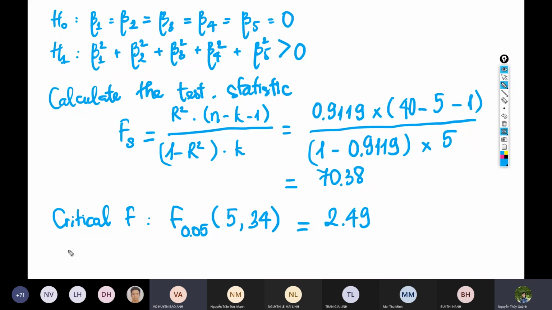Fs is greater than F alpha, so we reject the null hypothesis H0.